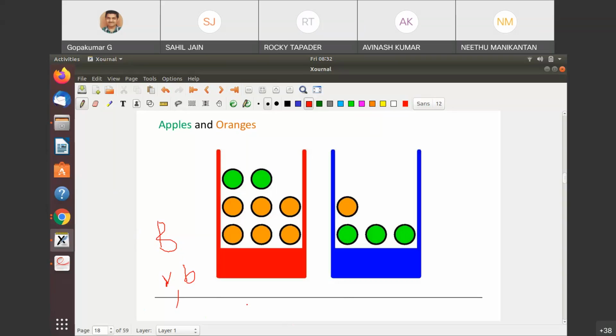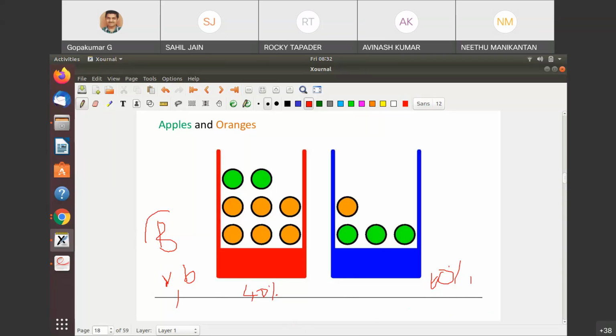And for the time being, let us assume that 40 percent of the time the red box is selected, and 60 percent of the time the blue box is selected. We don't have any other box, so 40 percent and 60 percent.